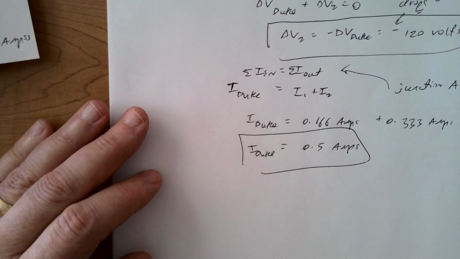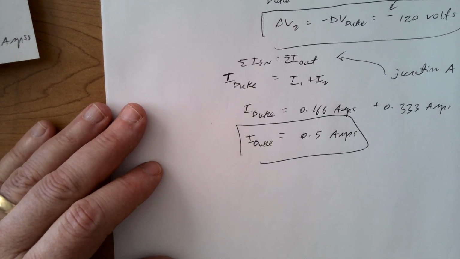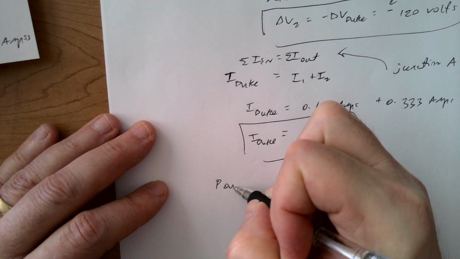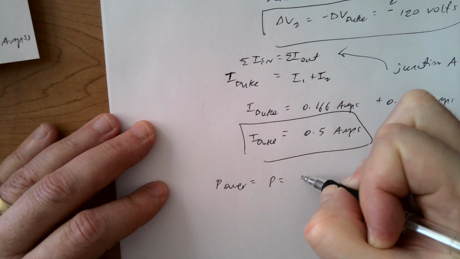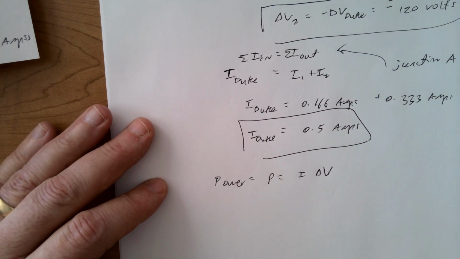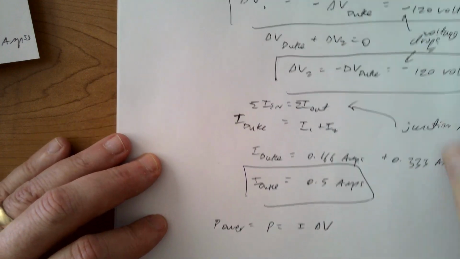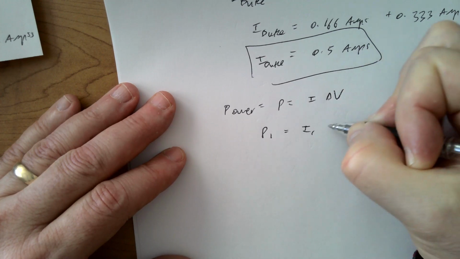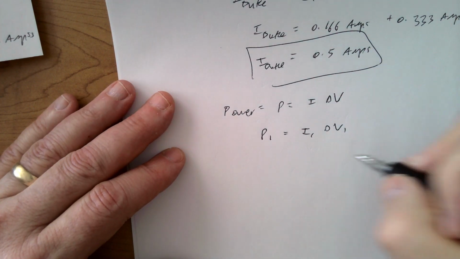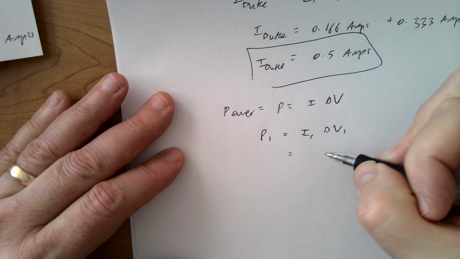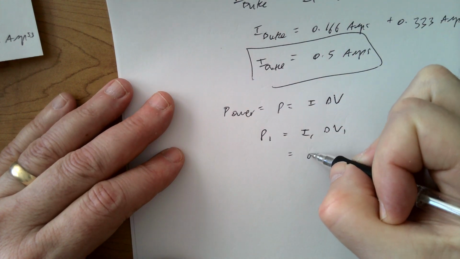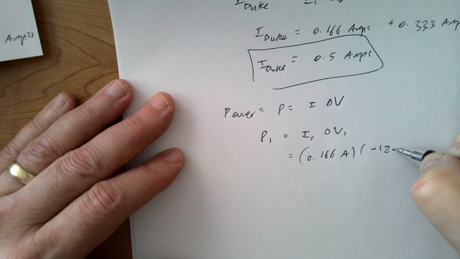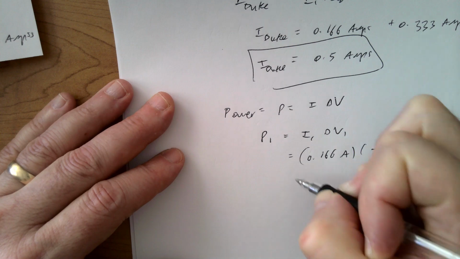And then the last thing we want to find in a circuit problem is the power of each device. Power, capital P, is I delta V. So we want to do this separately for each device. So P1 has to be I1 delta V1. And so that's going to be 1/6 of an amp times negative 120 volts.